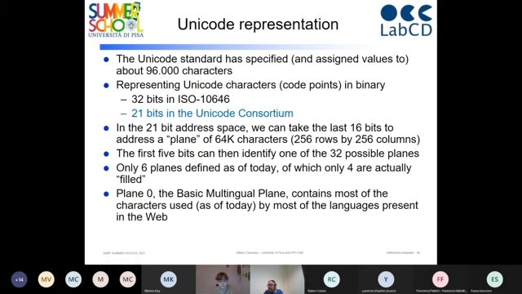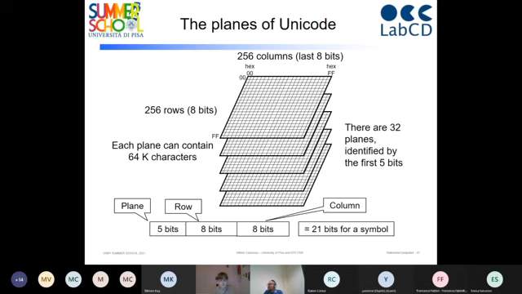And the idea behind using the 21 bits, just to know, is that you can visualize the Unicode space as a number of planes where each plane has 256 columns and 256 rows.